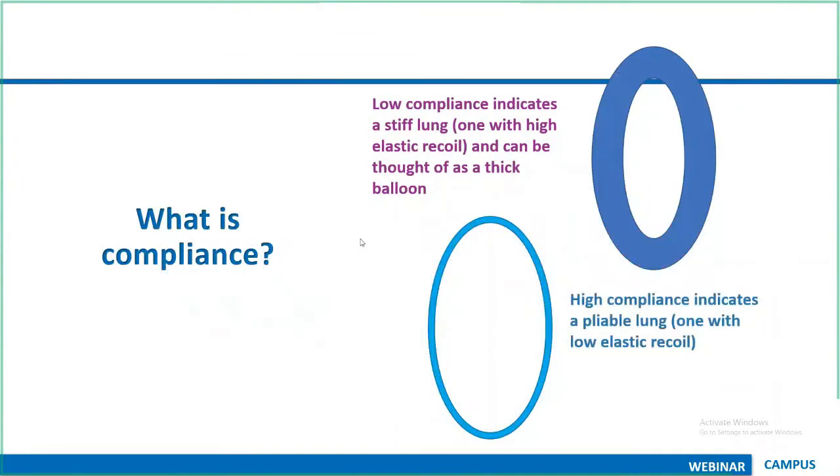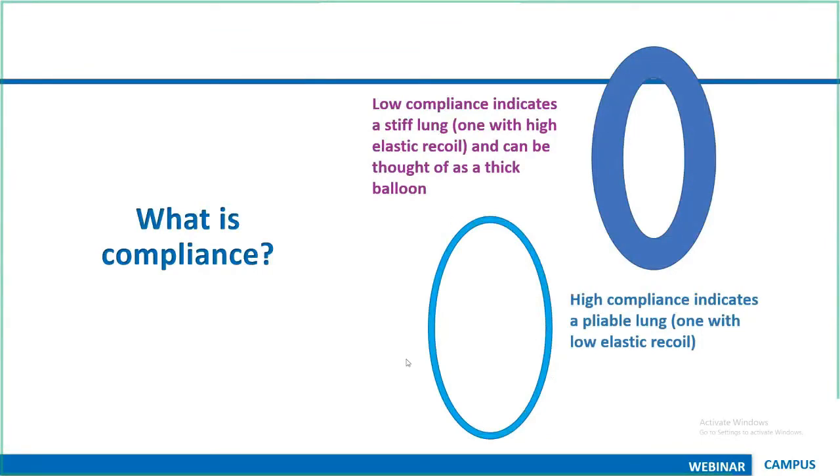Now, one more thing you should be very, very clear about before going into COVID ventilation. What is compliance? A patient with high compliance means a very thin, inflatable lung which is easily distensible, very easy to distend. This group of patients with high compliance will have a low elastic recoil, which is called a low elastance group.